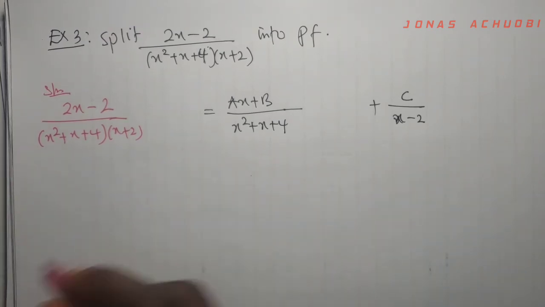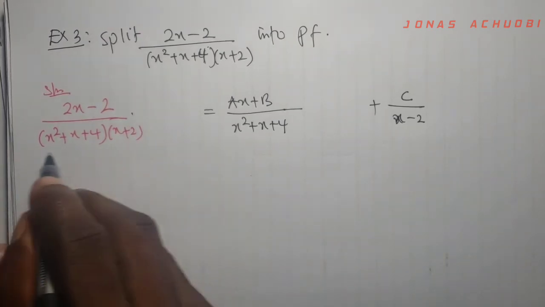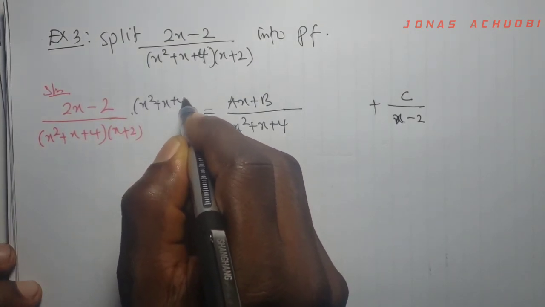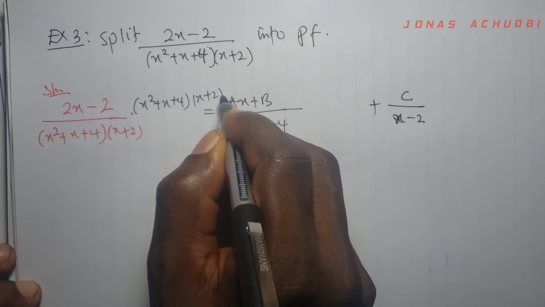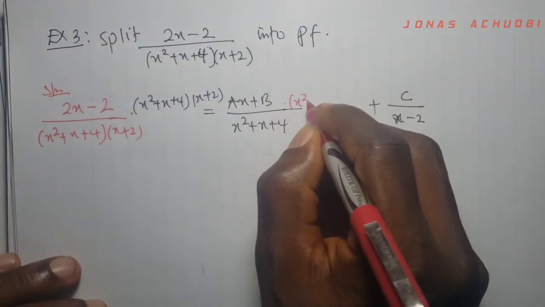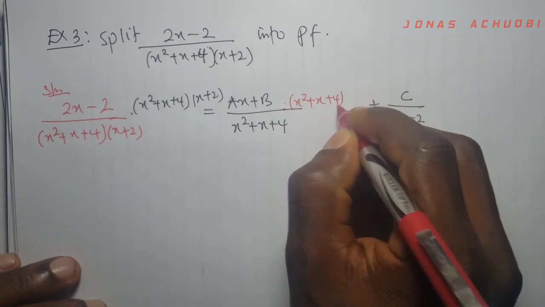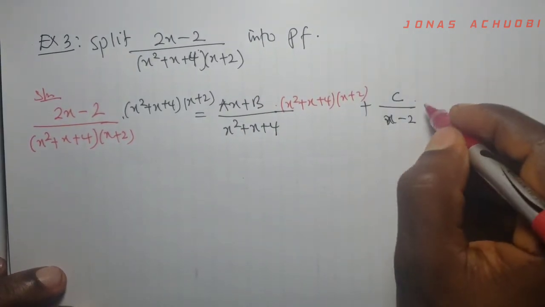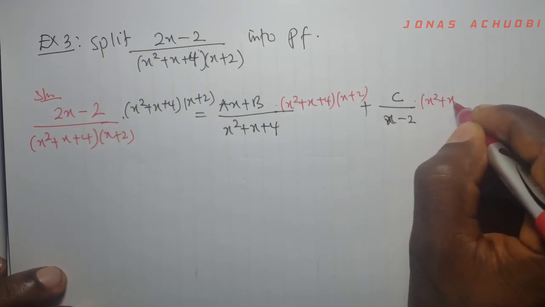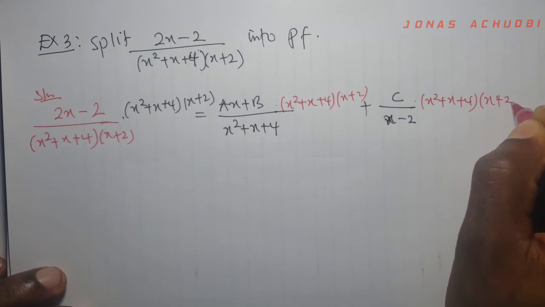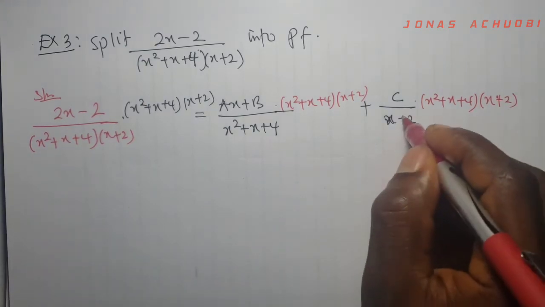So I'll multiply everything by the denominator, x squared plus x plus 4 into x plus 2. I'll do the same here. I'll multiply this by x squared plus x plus 4 into x plus 2. I'll multiply here also x squared plus x plus 4 into x plus 2. Okay, beg your pardon.